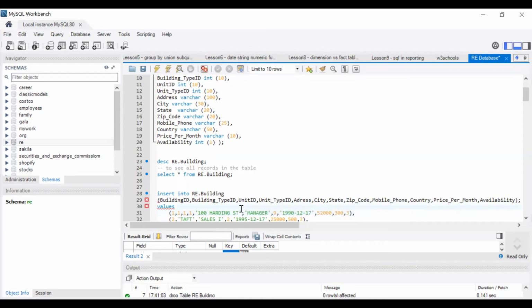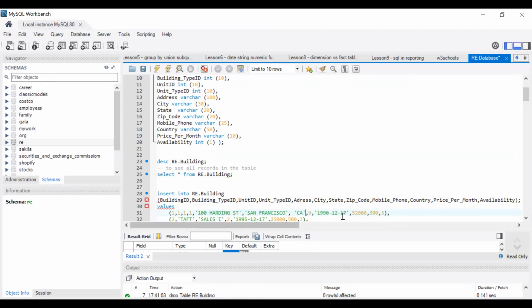Notice that I put it in single quotes because it's a varchar. So I have to put it in quotes. Our city is San Francisco, let's say. State is California. What else is there?